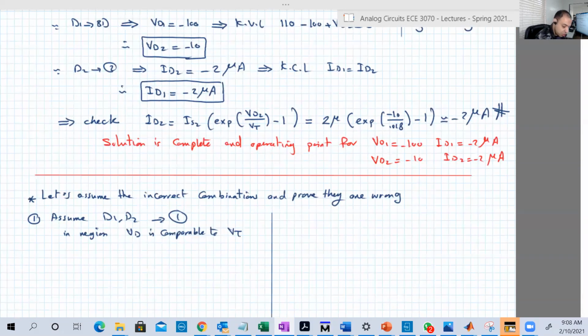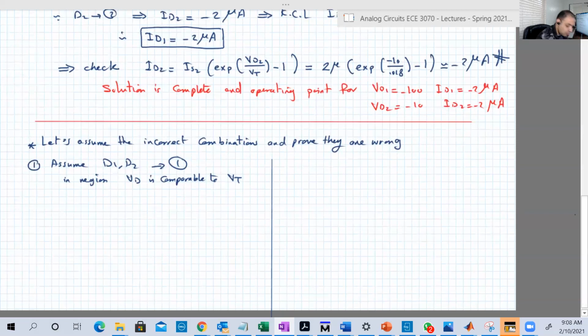In your calculator, if you do exponential minus 10, it will be 0, or an extremely small number. If you do minus 100, it will be zero for sure, not even a small number.